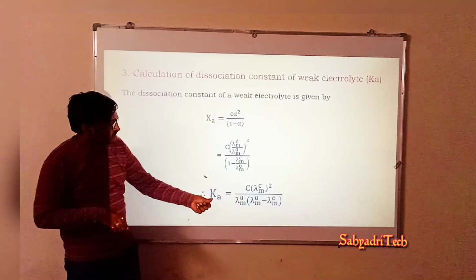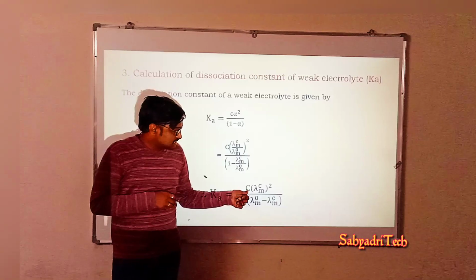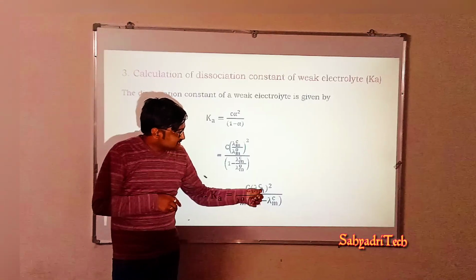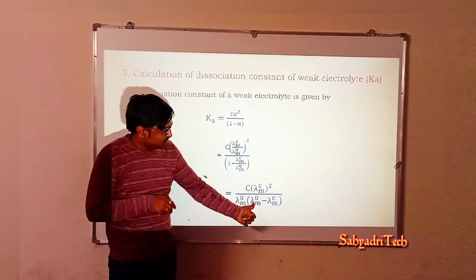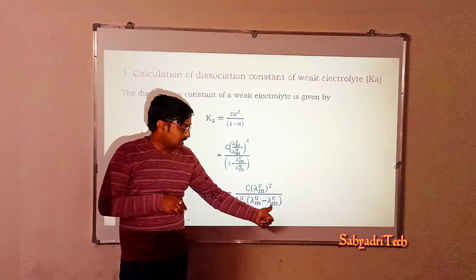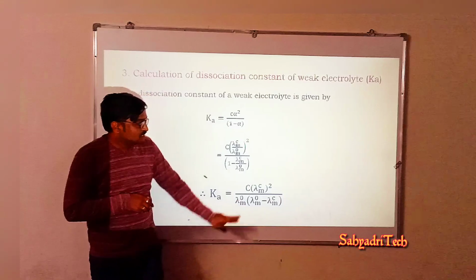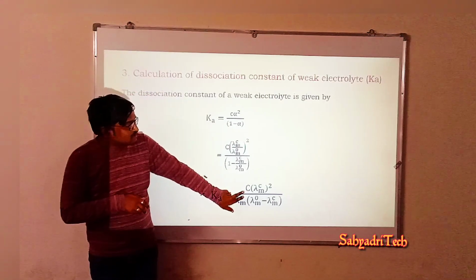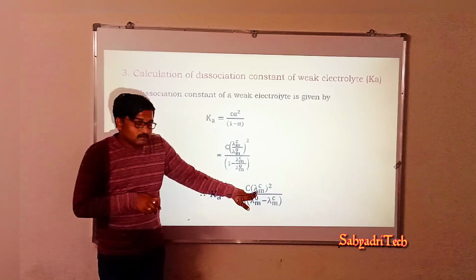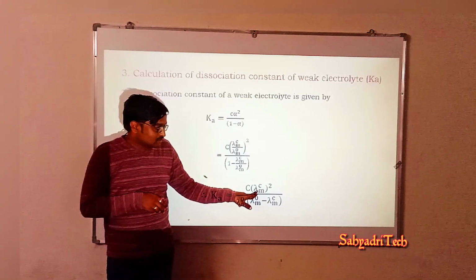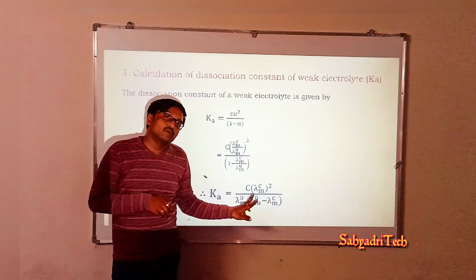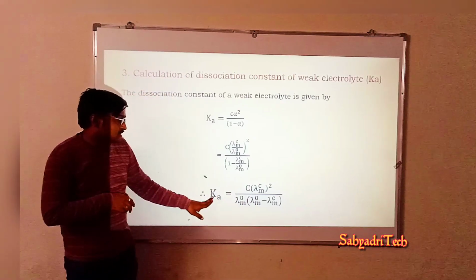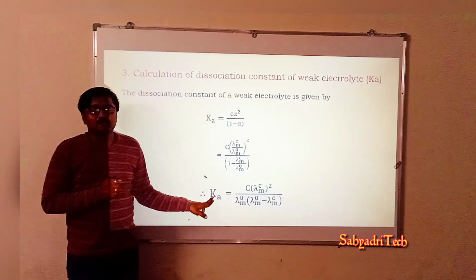Ka is equal to C into lambda Cm square divided by lambda naught m bracket of lambda naught m minus lambda Cm. So by knowing the concentration, the molar conductivity of the electrolyte at concentration C, and its limiting molar conductivity, one can calculate the dissociation constant of an electrolyte.